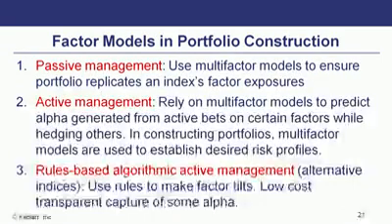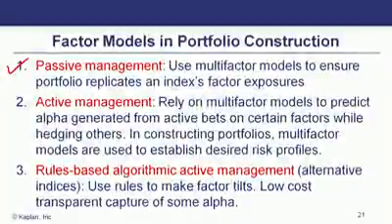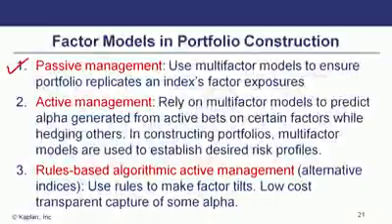All right, so factor models in portfolio construction. Remember, passive management here just means that we're using multi-factor models to ensure that the portfolio replicates the index's factor exposures. So if I want to manage a portfolio relative to the Wilshire 5000, there's roughly 5,000 securities in there.